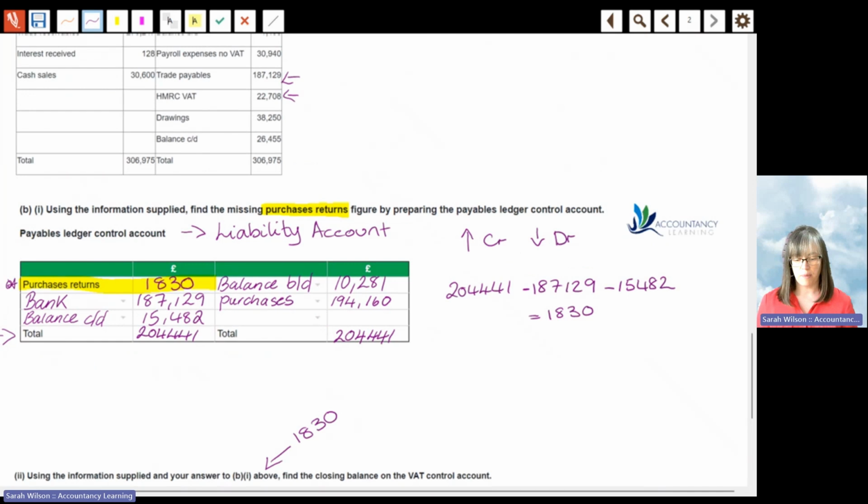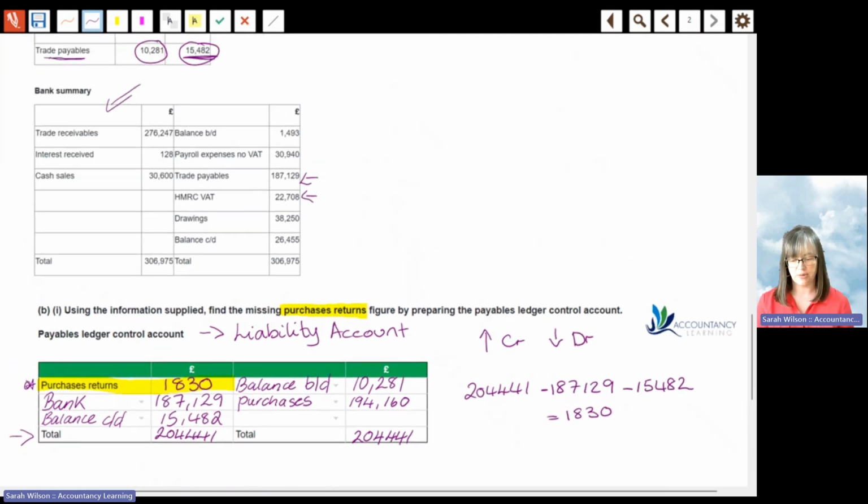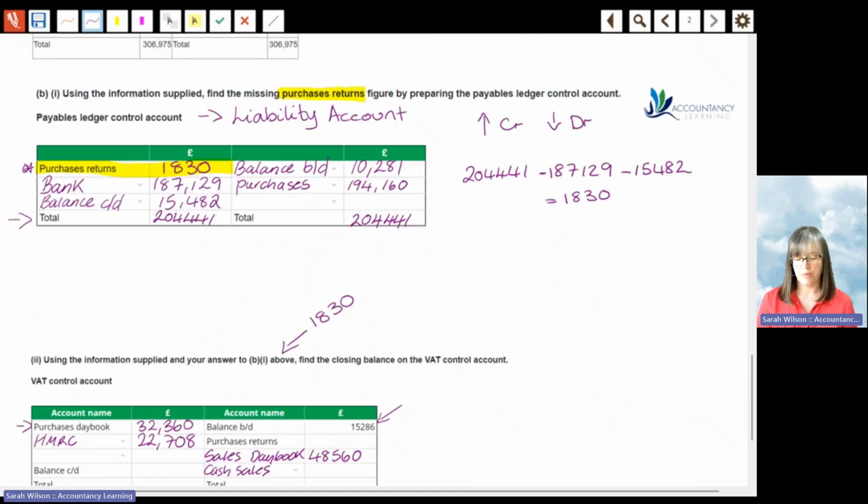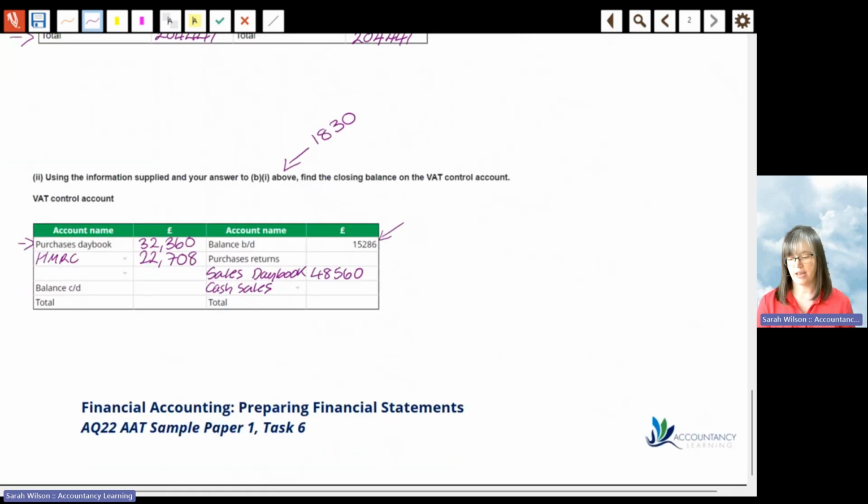And then let's have a look at our bank. Have we got any cash sales in here? And we have. So at this point, be careful not to just put that figure into the VAT control account, because that's your gross figure. So you need to work out what our cash sales VAT will be.